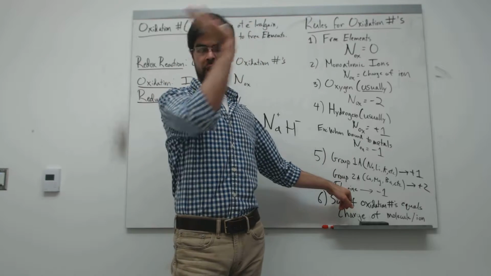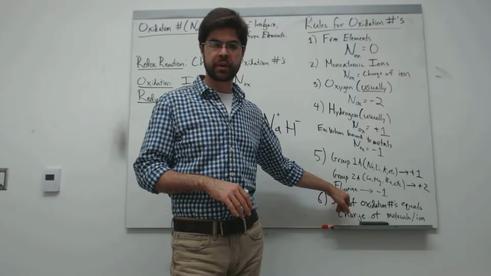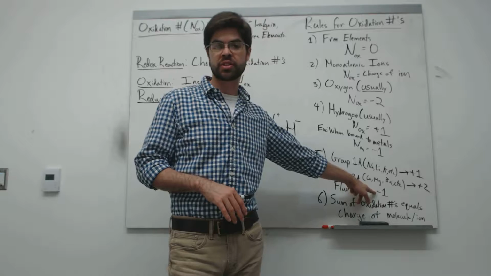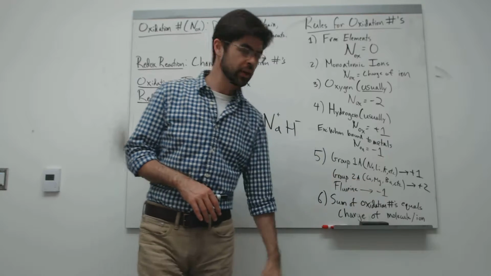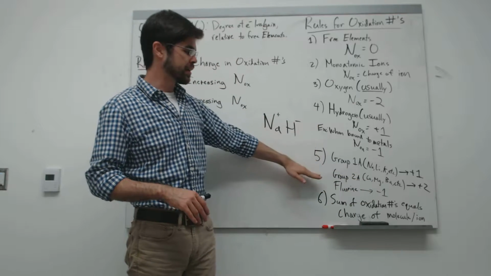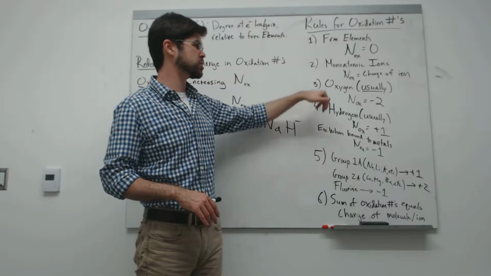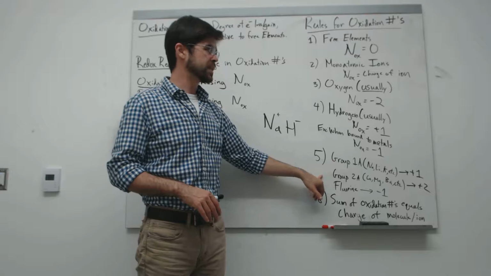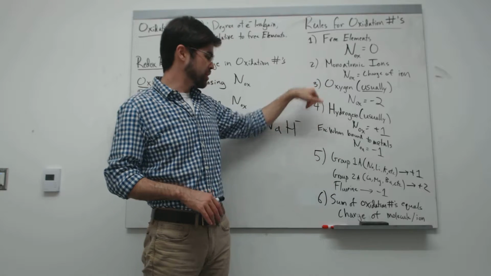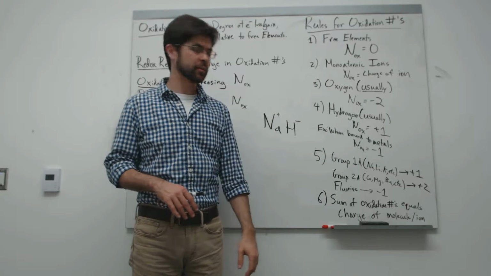And fluorine, all the way on the far right-hand side of the periodic table, always has an oxidation state of -1. So these are all the element-specific rules. Rules 3 through 5 here are for specific elements.